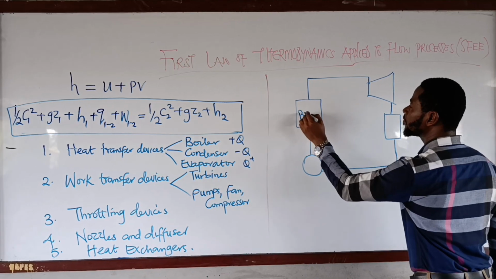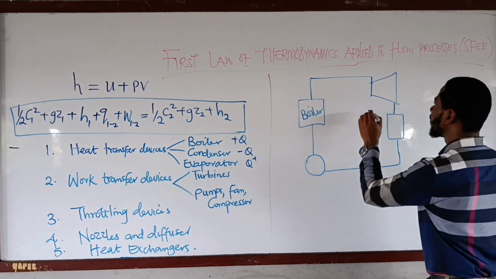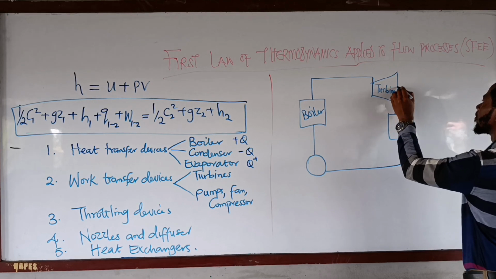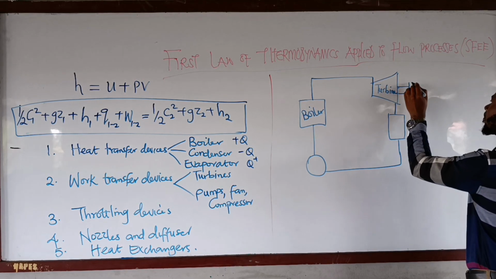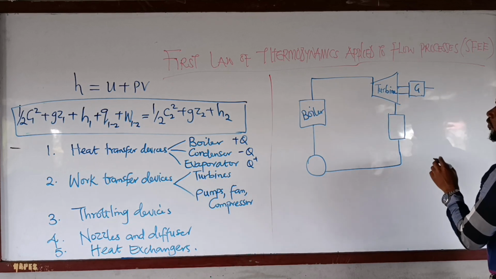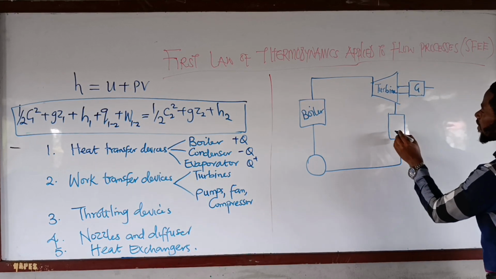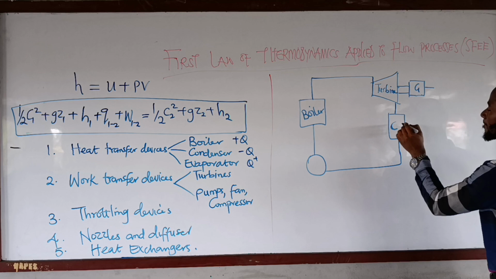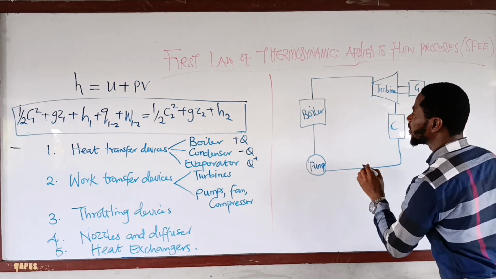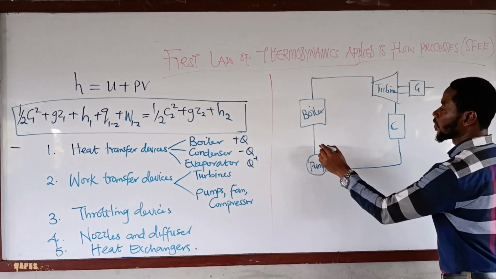This is a boiler, this is the turbine, this is the condenser, this is the pump. Now we need to label this.